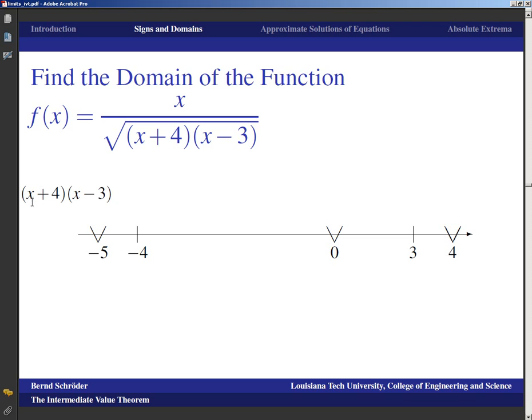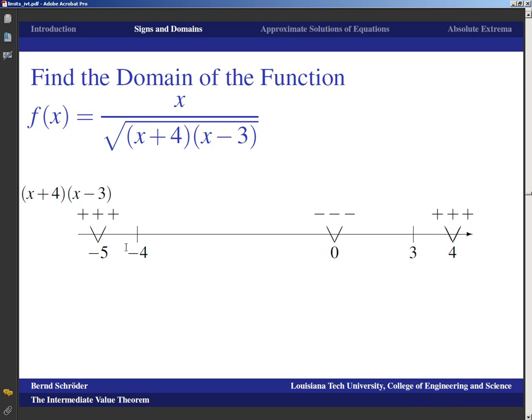So let's see. Negative 5 plus 4 is negative. Negative 5 minus 3 is negative also. Negative times negative is positive, so it's positive here. 0 plus 4 times 0 minus 3, that's positive times negative, that's negative. And 4 plus 4 times 4 minus 3, that's positive times positive, so it's positive here.